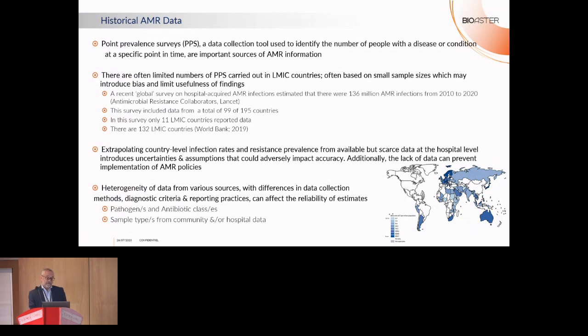This survey included data from 99 of 195 countries, so roughly half. It contained only 11 LMIC countries that reported data. The World Bank defines what's an LMIC country, and the World Bank says there are 132 LMIC countries and only 11 reported data.